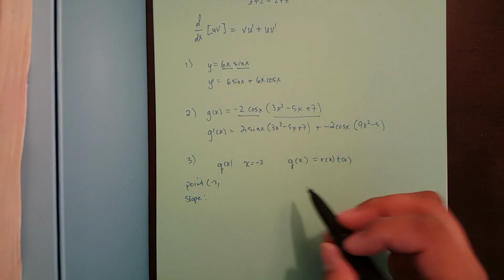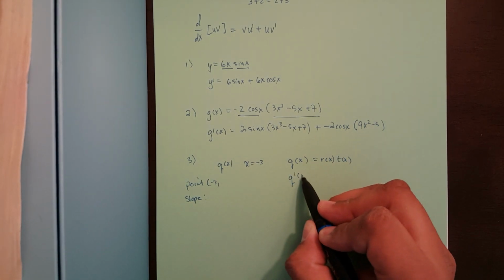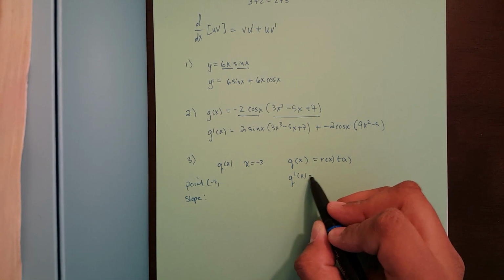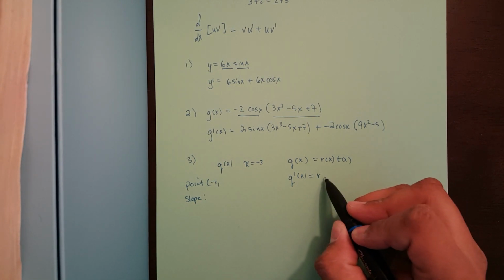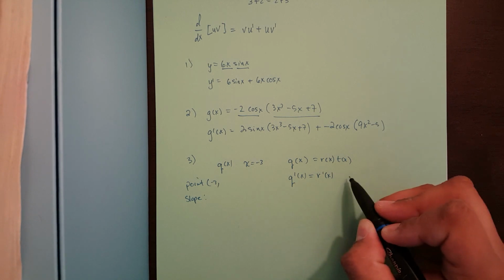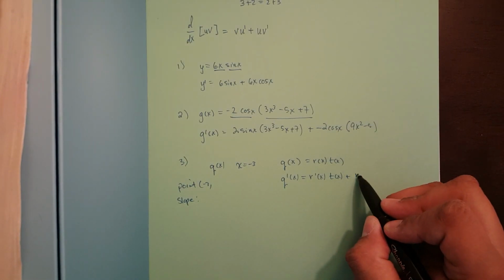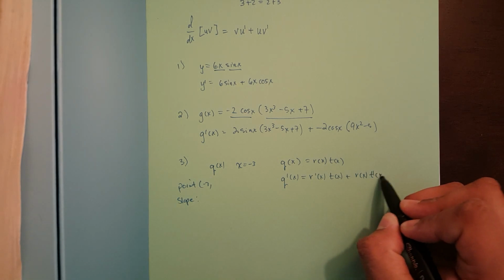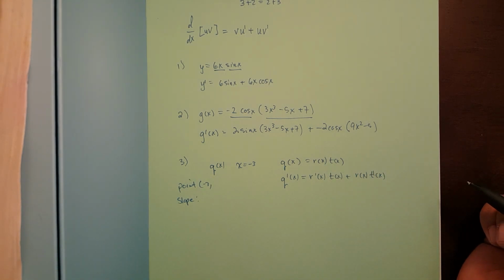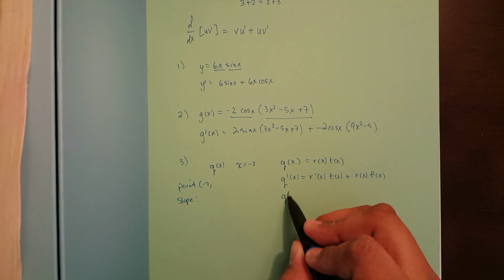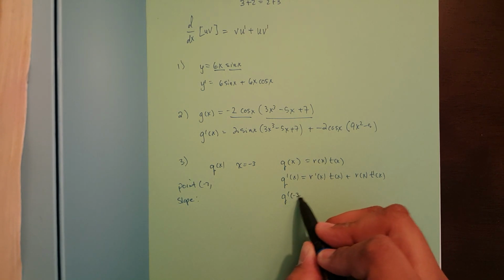Let's try to find the slope first. So if we take the derivative of this q of x, we know that we're going to use a product rule because there's two functions being multiplied to each other. So it'd be r prime of x times t of x plus r of x times t prime of x. So this is the formula we're going to use, okay? And we can plug in negative 3.